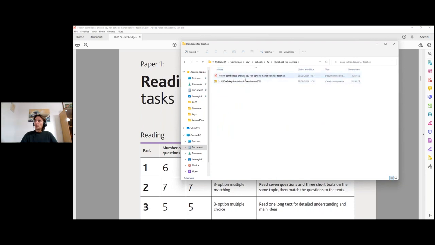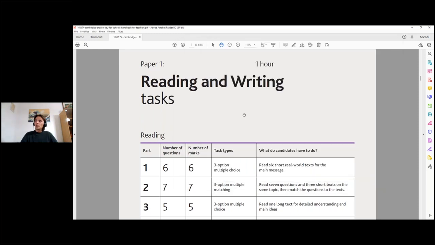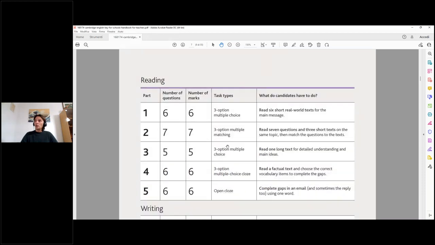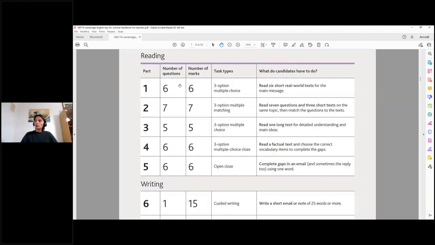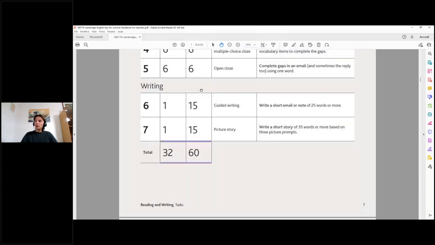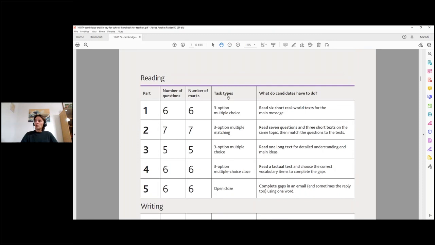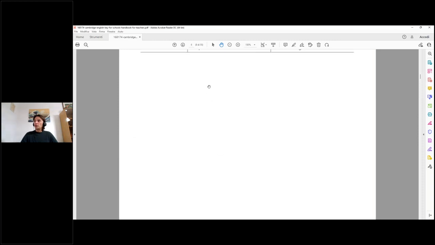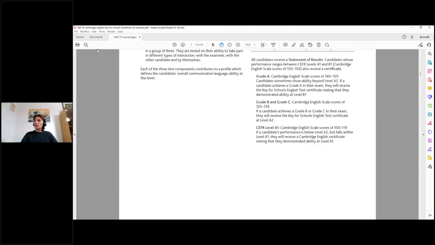This one, Cambridge English Key for Schools, handbook for teachers. So you open it and you go to page 7, and you can look at how to assign points to your reading and writing parts. I hope you did well, and we'll continue with the sample test next lesson.